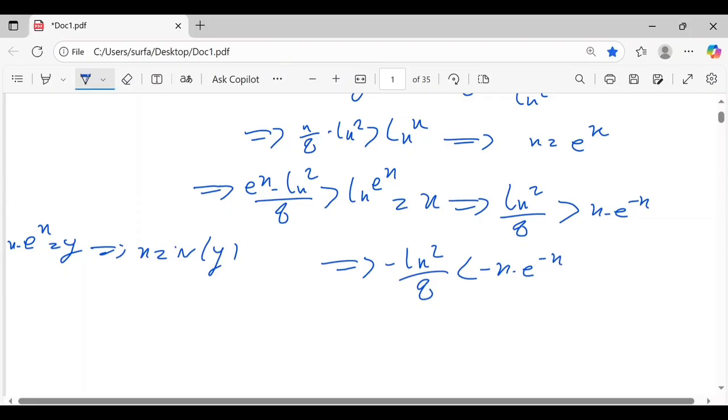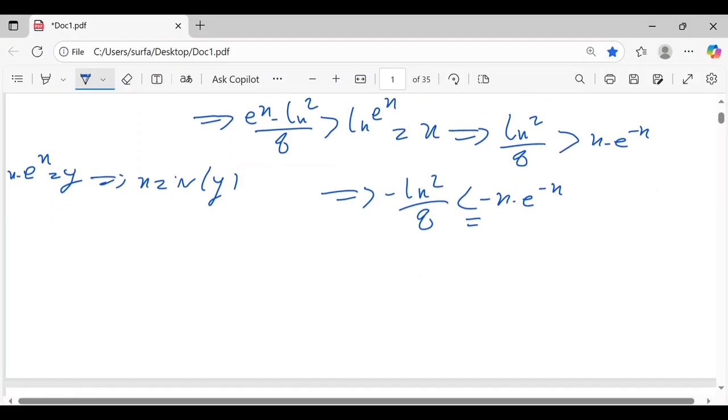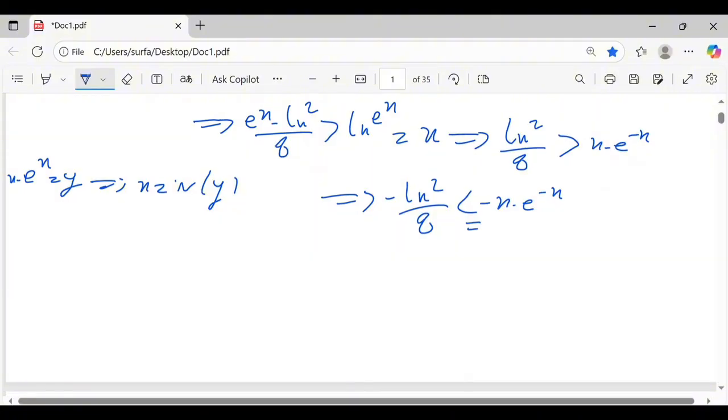Here we can assume that we have the equal symbol, and both sides of this equation are equal to each other. So after that, if we want to write it as a Lambert function, it will become like this.